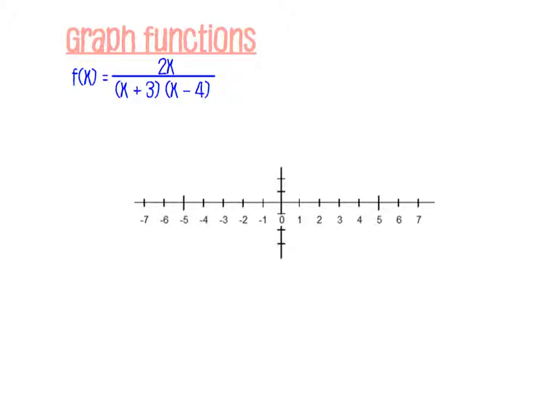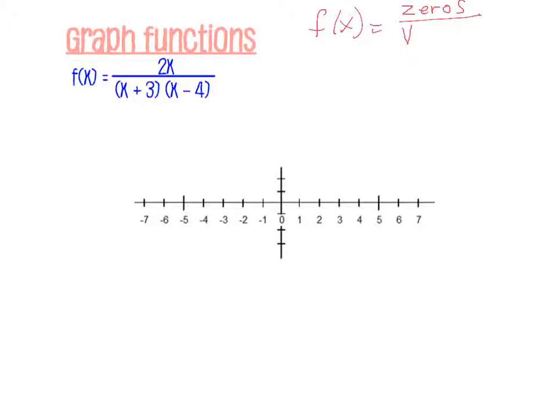The numerator of these will always tell you where your zeros are going to fall. The numerator gives you your zeros. Your denominator is going to tell you what x cannot be.